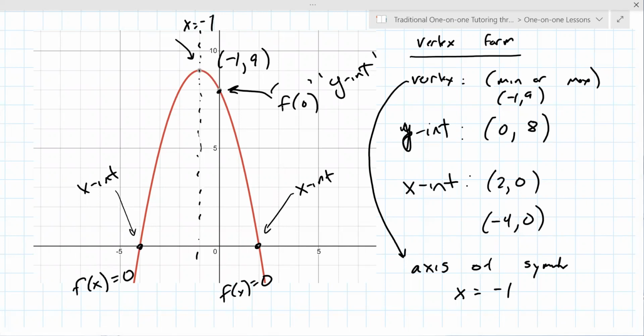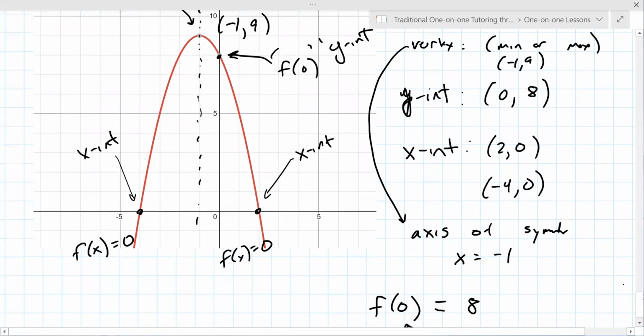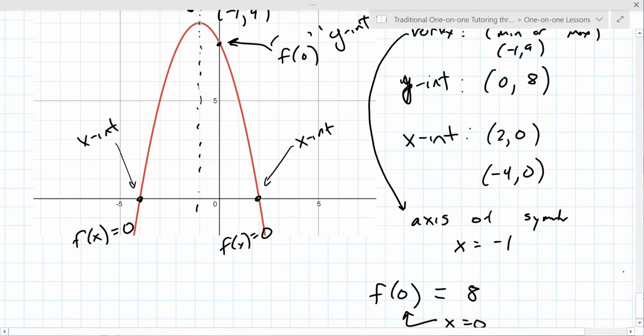So the x-intercepts are when f of x equals 0. And that goes the same for the y? Yes, the y-intercept is f of 0.